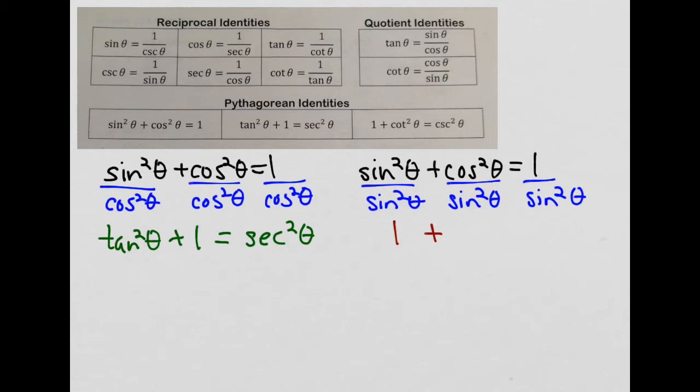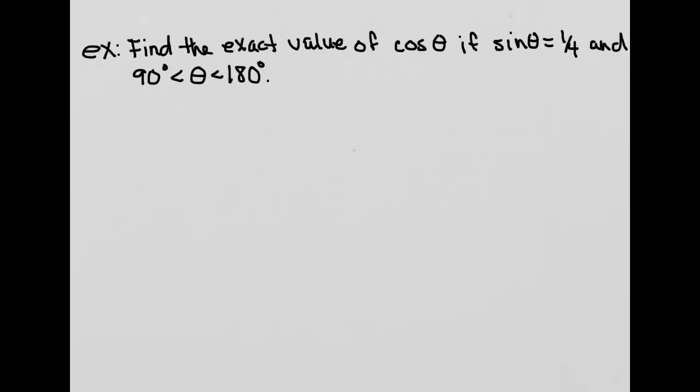Cosine over sine is cotangent. So this will be cotangent squared theta. And 1 over sine squared, well, 1 over sine is cosecant. So that will be cosecant squared theta. So we get these two additional Pythagorean identities by tweaking and manipulating that first Pythagorean identity. So let's go ahead and use those to solve today's problems.